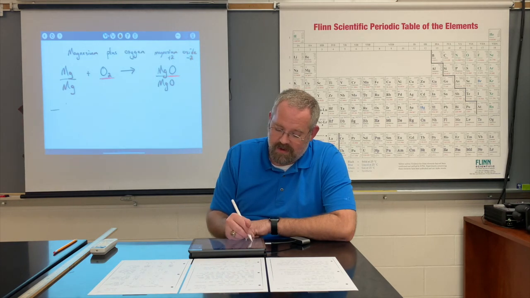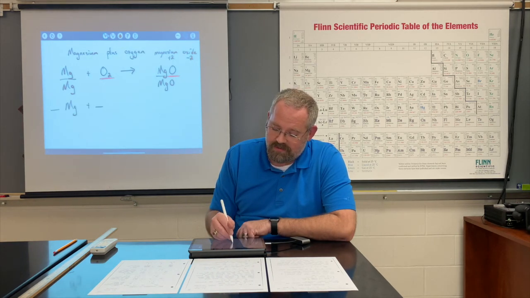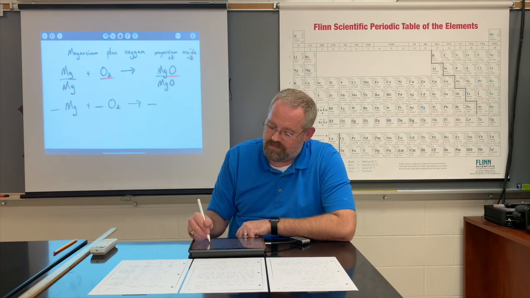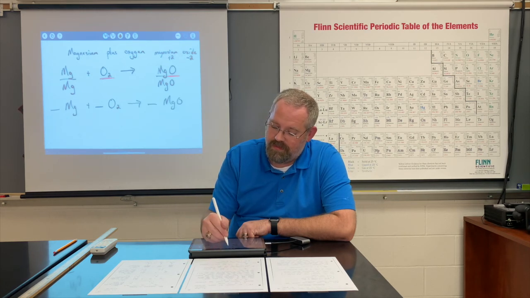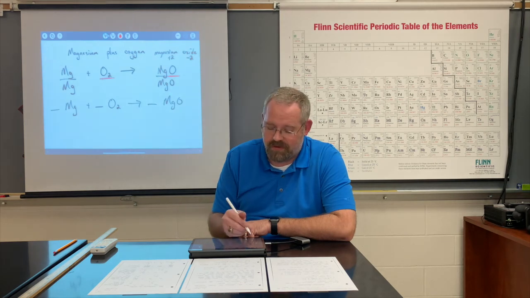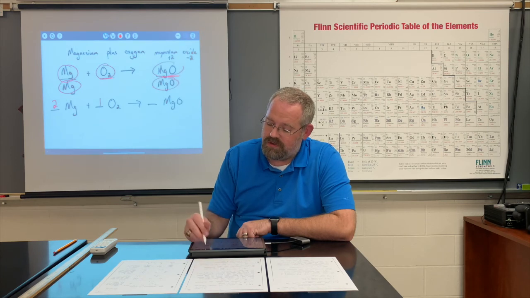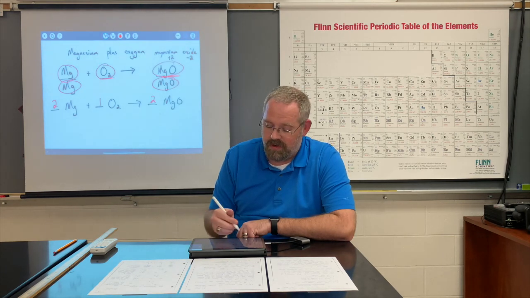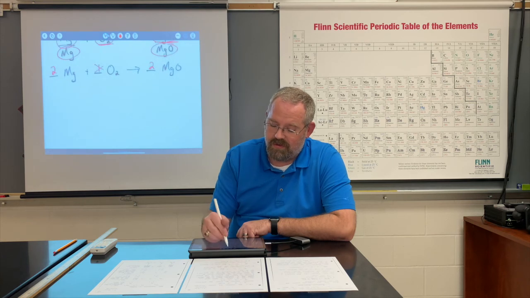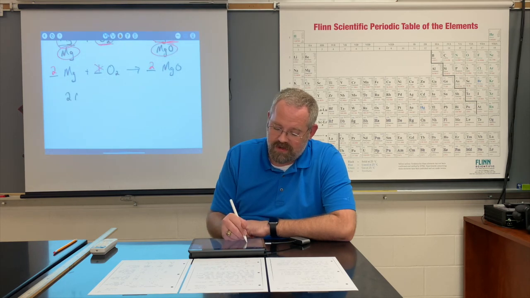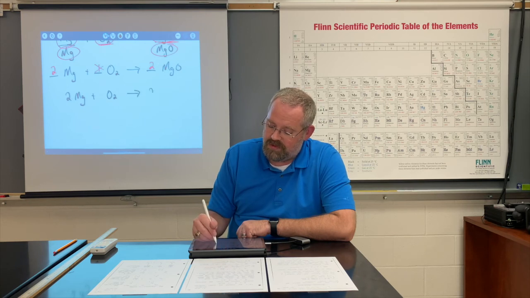So I rewrite my equation, and I count up my molecules. I have 2 Mgs. I have 1 O2, I have 2 MgOs. But you don't ever have to write the ones. So my final answer is 2 Mg plus O2 yields 2 MgO.